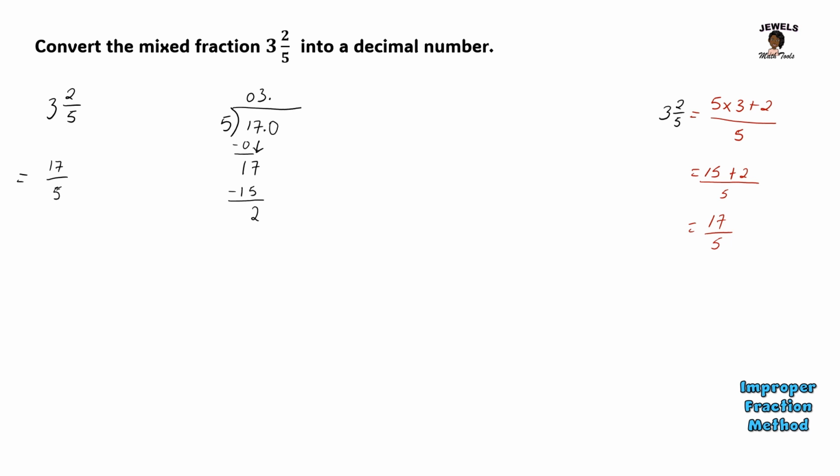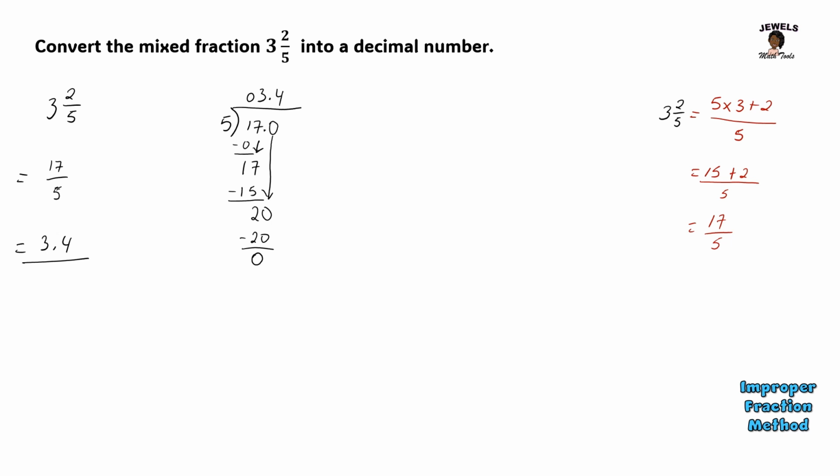I'm going to now add a 0, bring down that 0, change my 2 into 20, and divide 5 into 20, which will equal 4. 4 times 5 is 20, and 20 minus 20 will give us 0. So my fraction of 3 2/5, when converted into a decimal number, will be 3.4.